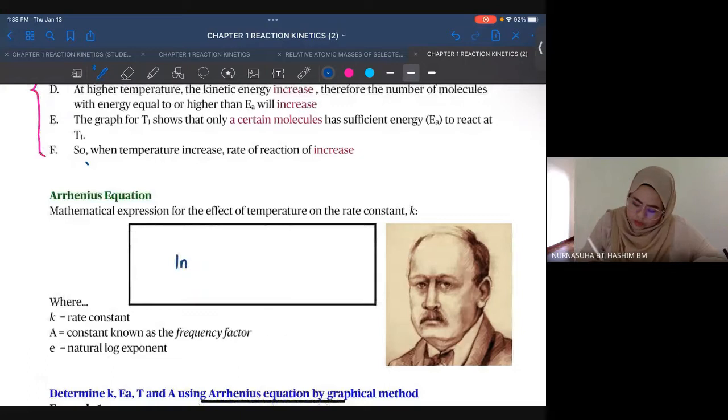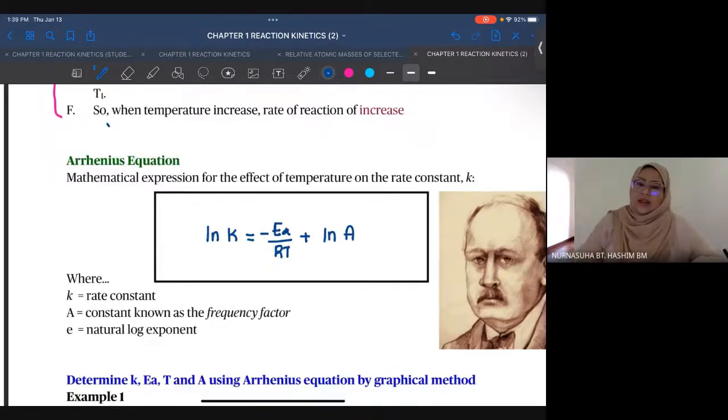So dia punya equation adalah ln K equals to negative EA over RT plus ln A. Ini antara equation yang terakhir lah. Ada satu lagi equation. Ini the last two equation.